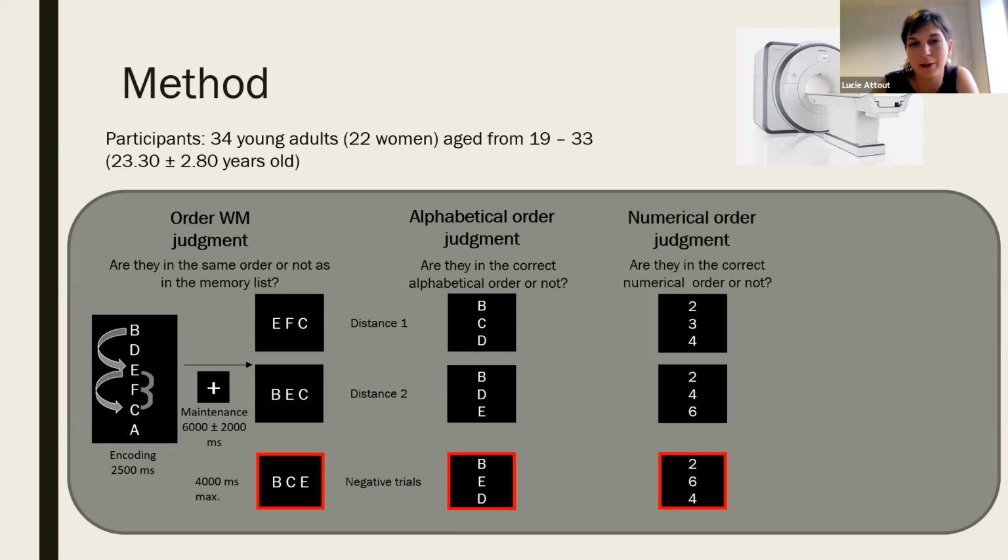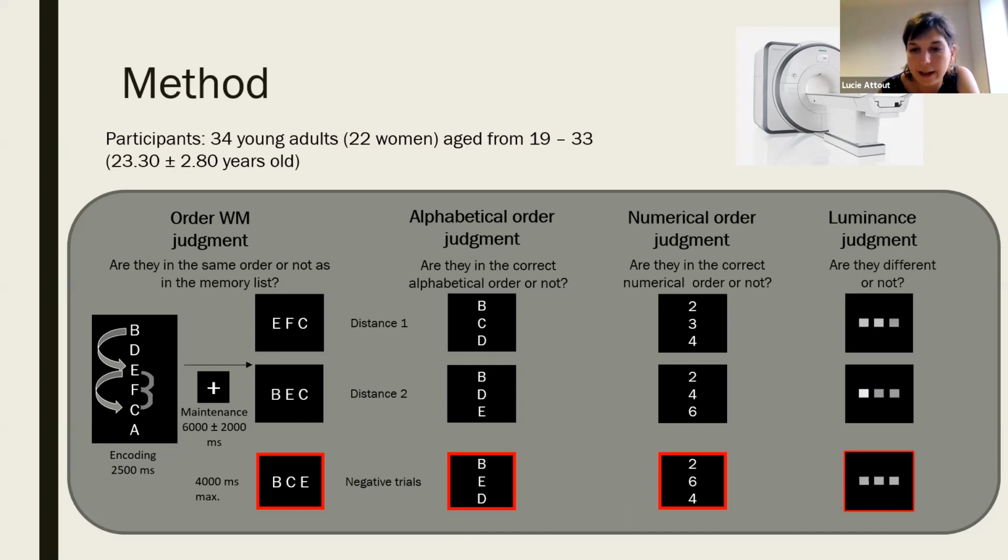To assess numerical order, we used the same kind of task, but with numbers. And finally, we also used a luminance judgment task to check for the difficulty level by asking the participant to judge if 3 squares had the same level of luminance or not. And we manipulated the difficulty with very close levels of luminance or more distinct ones.